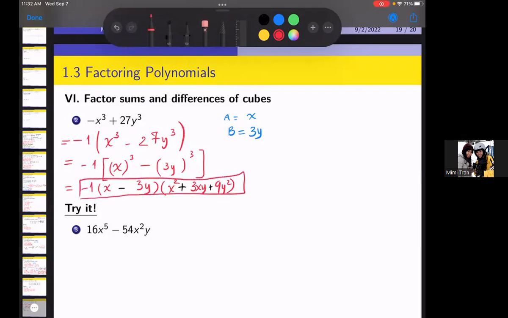You've got to try number 3. Oh, by the way, number 3, hang on. Is it y cubed here? I think I forgot.